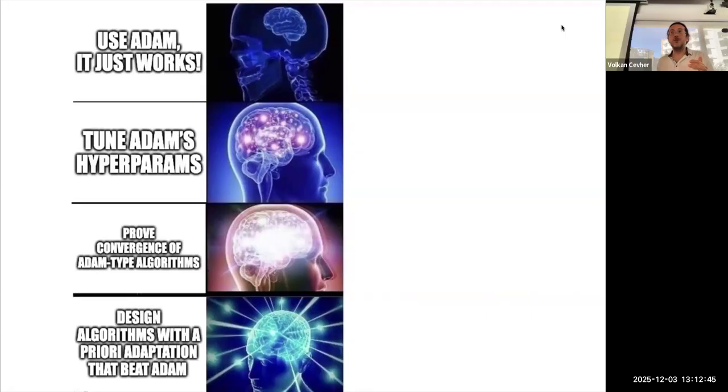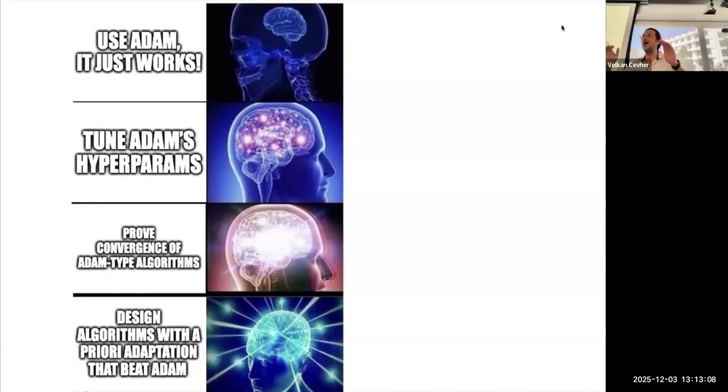But if you're in an industrial setting and you're running it for a very large model, your manager will say to you that you must tune the parameters because you need to get that 2% squeeze here and there, which makes millions of dollars of improvement. So you must do this. Then on the academic side, people go, hey, Adam works.